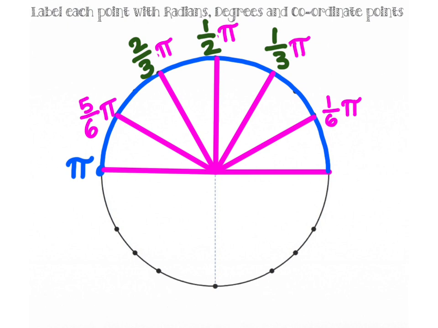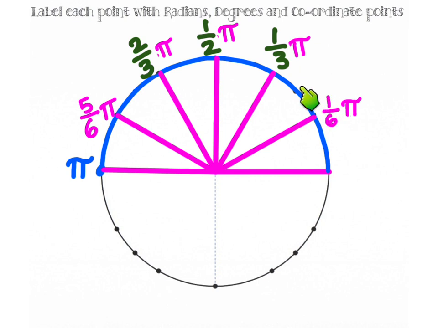And while those represent the radial length, we also call those the angle of rotation. So if I'm standing in the center of the circle, I rotated 1/6 of pi to look down that spoke. Now you might say, I don't usually see them written this way.